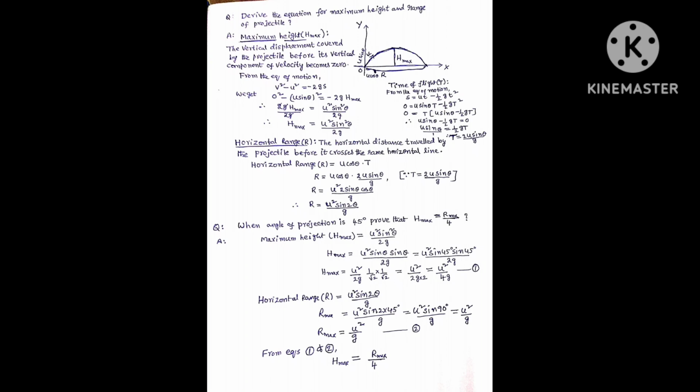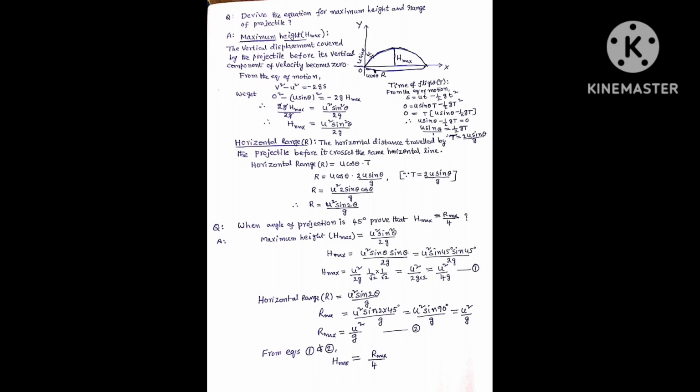Next, we are going to find horizontal range. First, we can define horizontal range. Horizontal range is the horizontal distance travelled by the projectile before it crosses the same horizontal line.